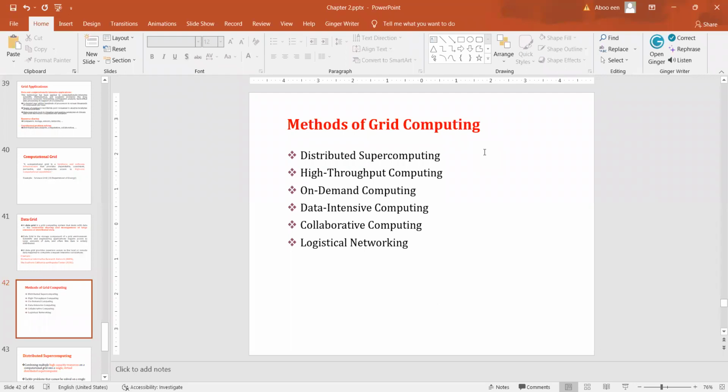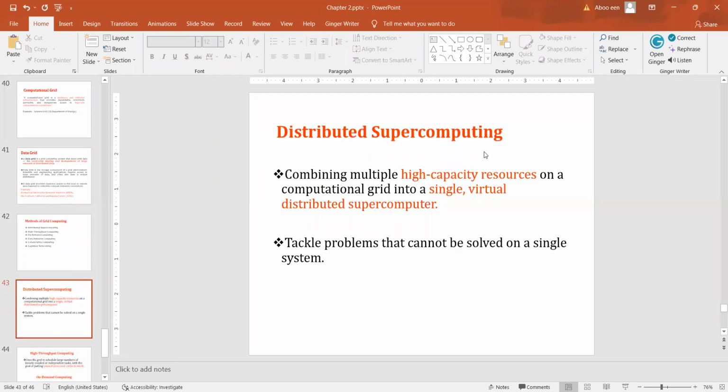Now we are going to discuss each method or architecture in detail. So distributed supercomputing. The term itself has the meaning supercomputing. They require super power to compute, supercomputing power.